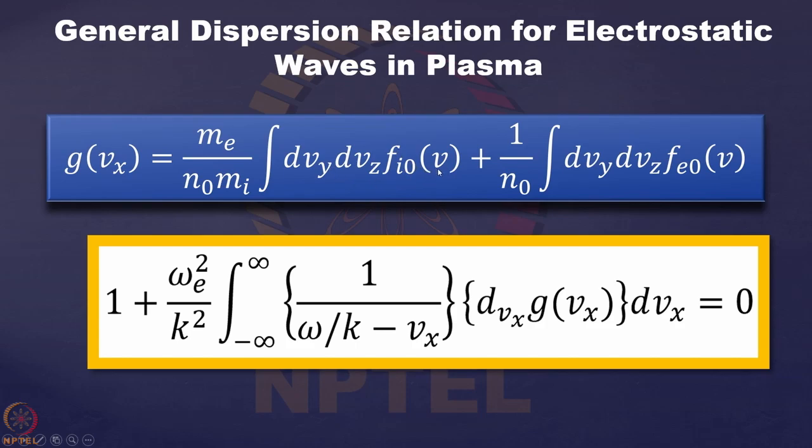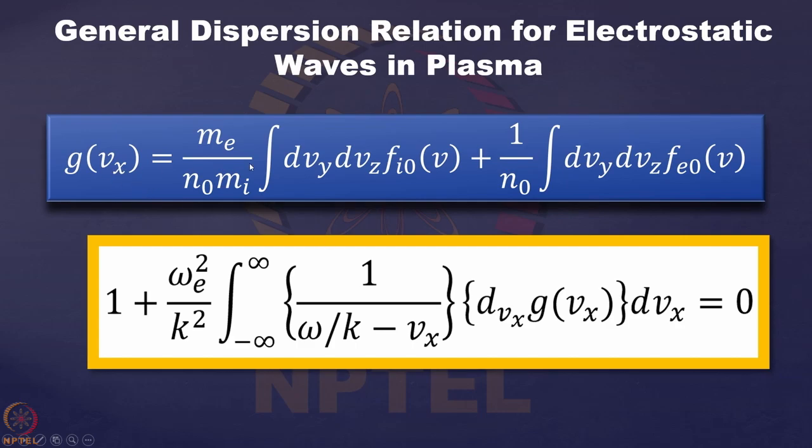So this is a distribution function in the velocity space, and we need to have information about that. And you will see that in most plasma processing, to a first approximation, we go to the Maxwellian distribution for this f. So here also we will go for the Maxwellian distribution, and we will be able to find the exact form of g(vx).